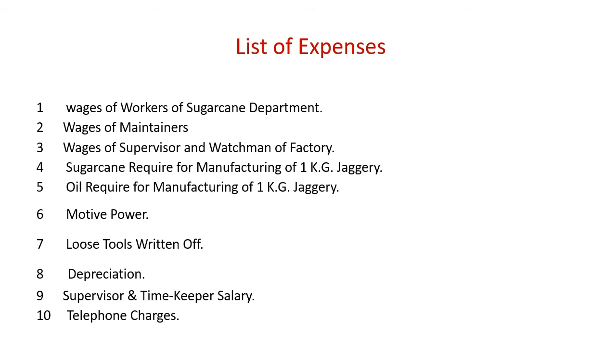Next, supervisor and timekeeper salary. Here note that where work is done in the factory, 1 unit cost is not identified, so these expenses are indirect expenses, so it is factory overhead. Telephone charges. Telephone is used in office, so it is administrative overhead.